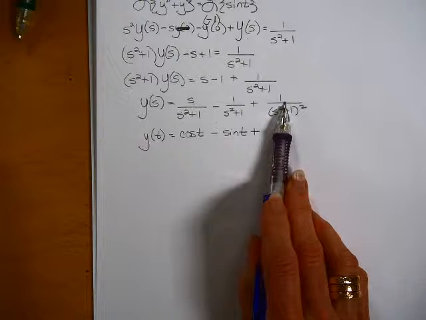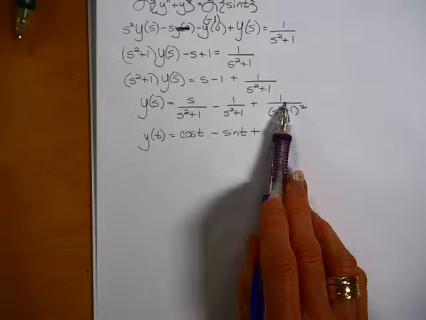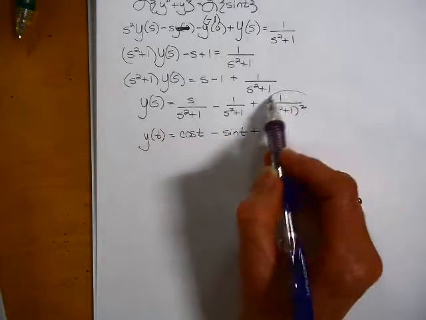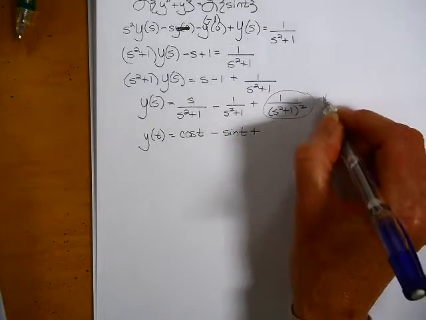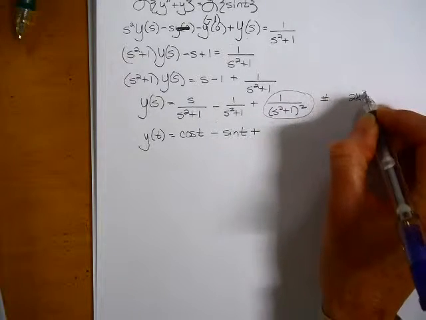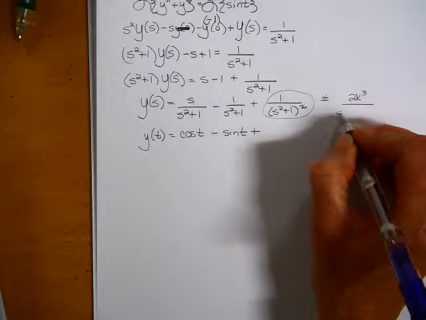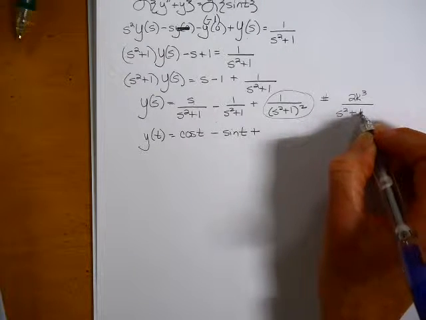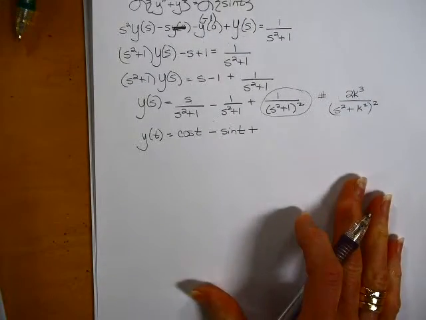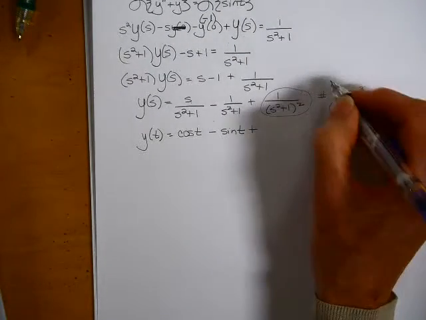It does not have an s on the top, so make sure you find one that does not have an s on the top. It looks to me like it's number 25, where it has 2k to the third over s squared plus k squared, and all of that is squared. This is what the book has on number 25.